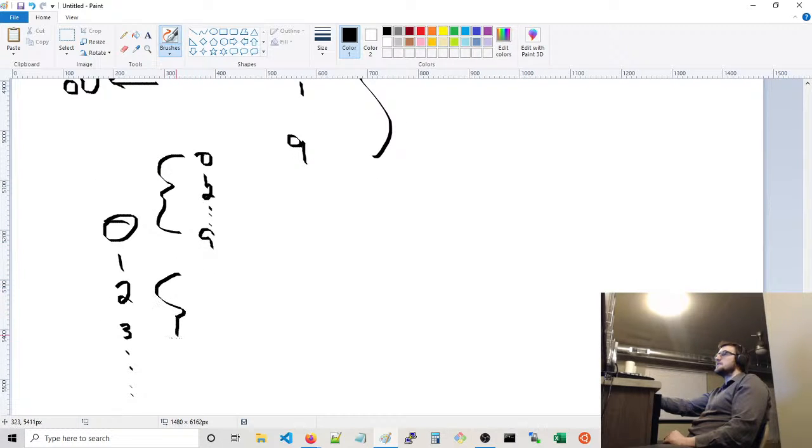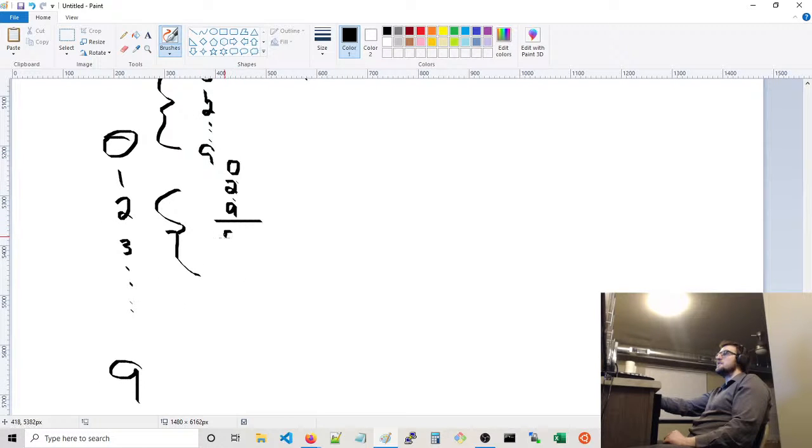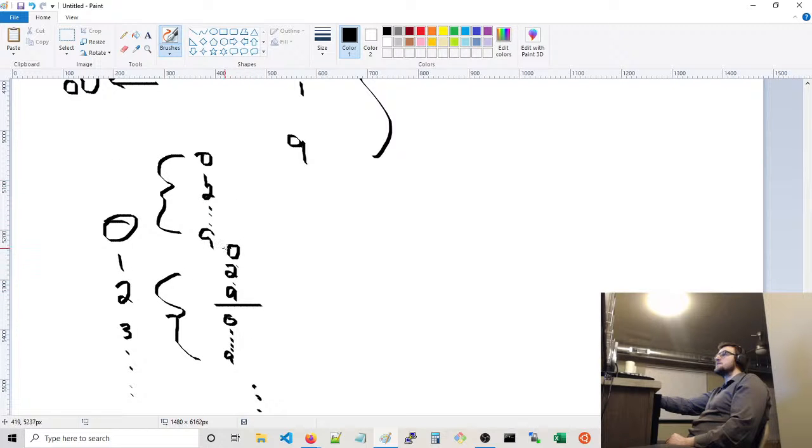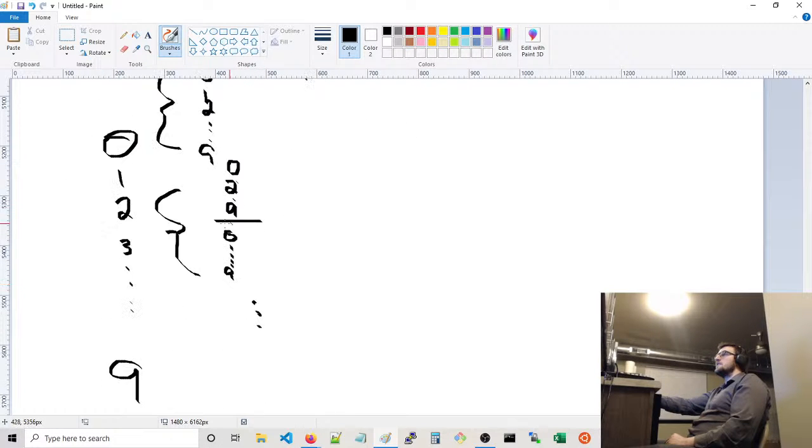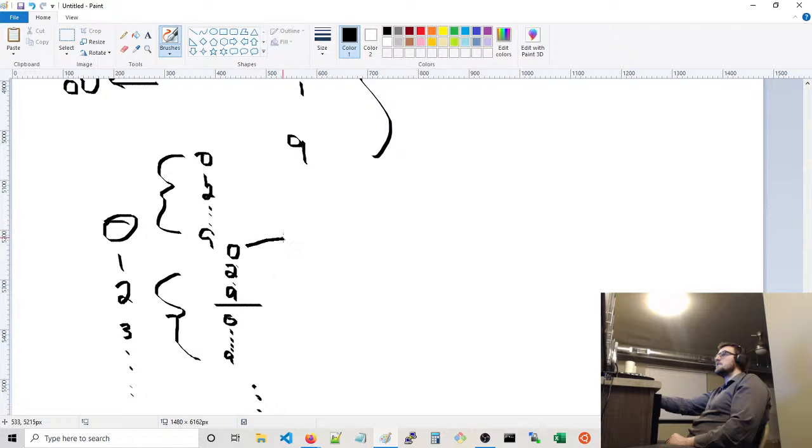And all of these can only be followed by 0 to 9 not including 1, and 0 to 9 not including 2, etc. There's 8 choices, but what's interesting is that of these choices, again, each 0, you still have any number of choices you want.